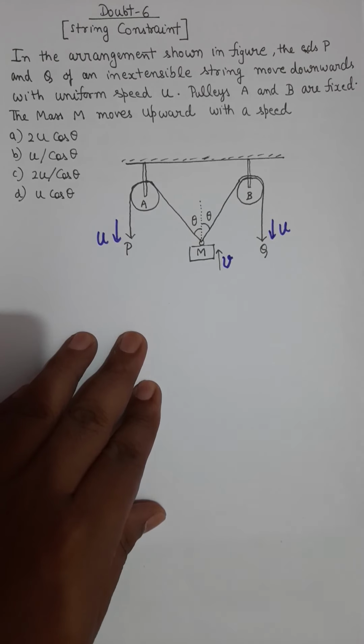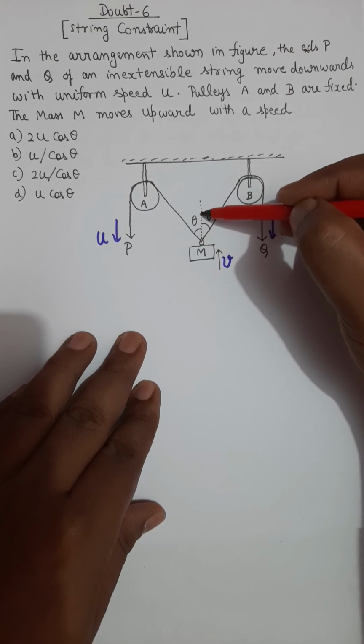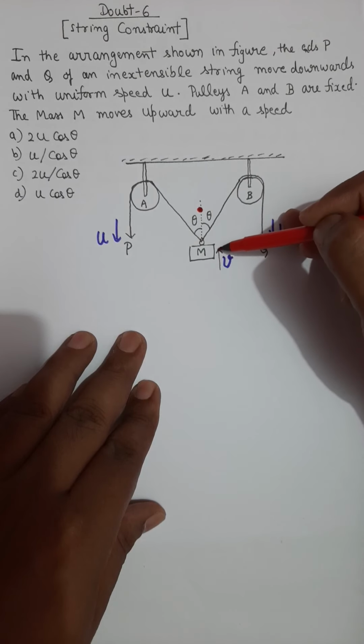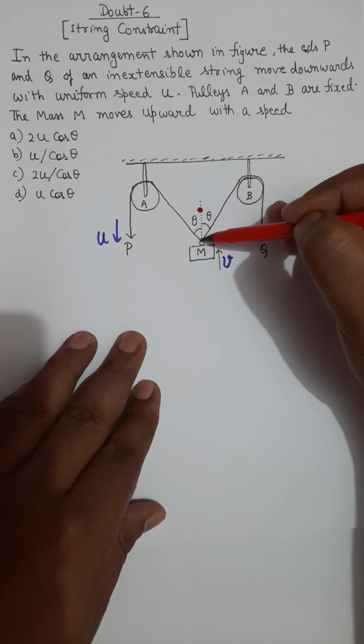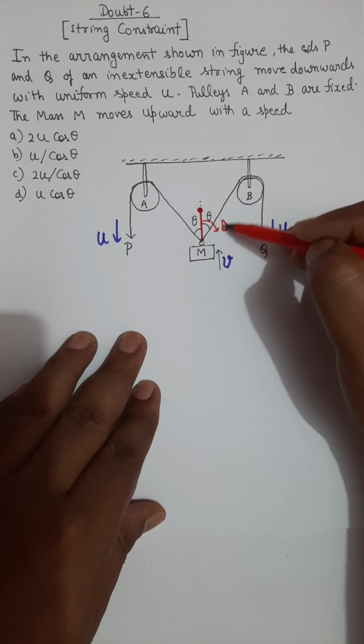Let's say this mass m moves upward to a new place here. Because it is moving upward, after some time this mass will be at some height from the initial level. It will move upward, and I denote it by a distance called delta y1.